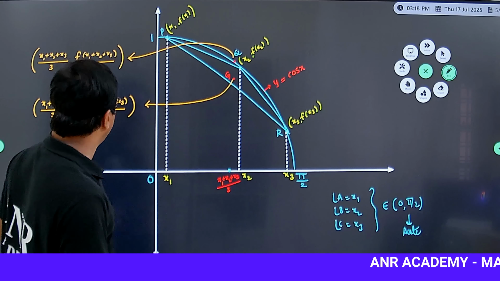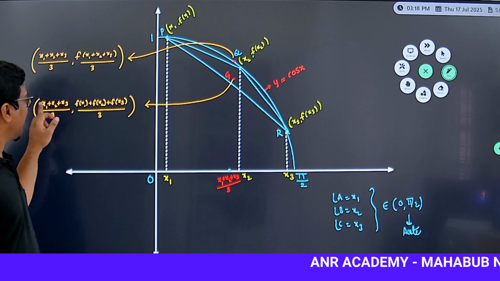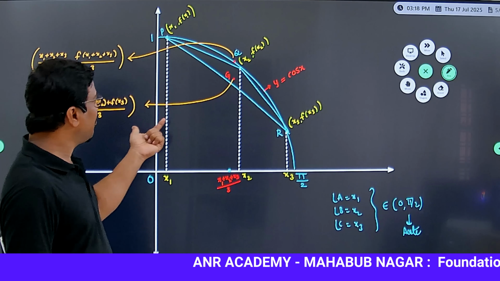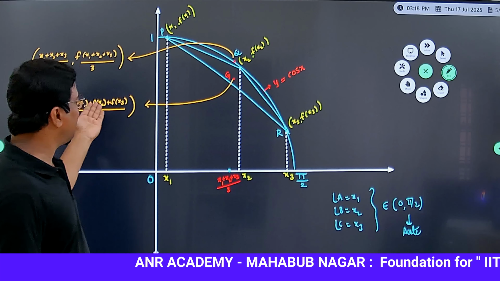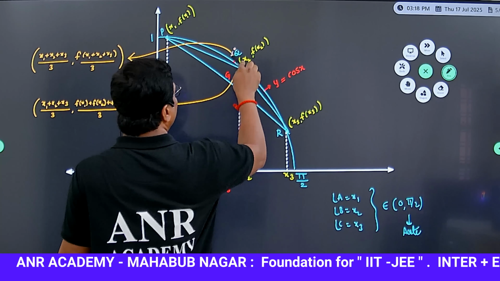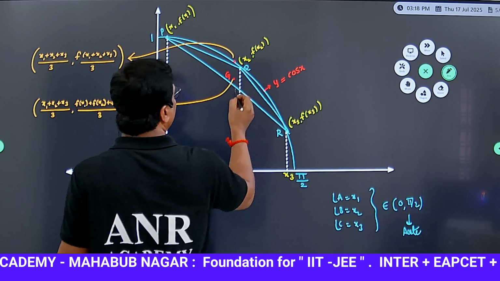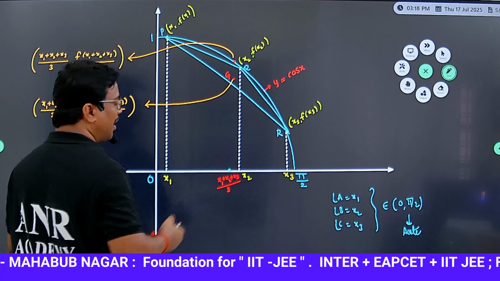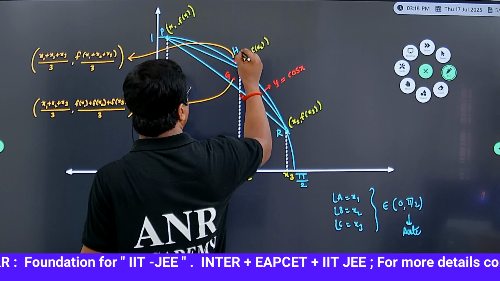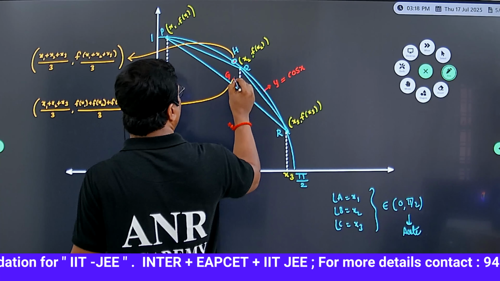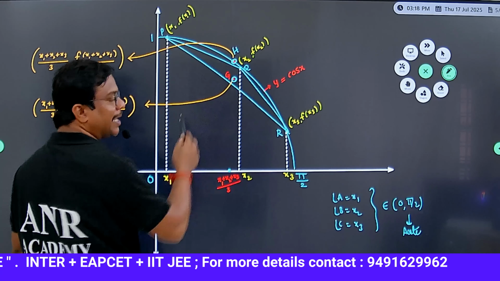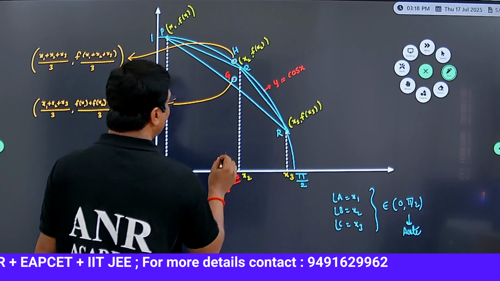Next, observe the centroid. Centroid of the triangle, you know the formula: ((x1 + x2 + x3)/3, (y1 + y2 + y3)/3), clearly [f(x1) + f(x2) + f(x3)]/3. Here it is Q, and assume that the output of (x1 + x2 + x3)/3 is some H, and here it is G. Compared to G, the point H has more height.